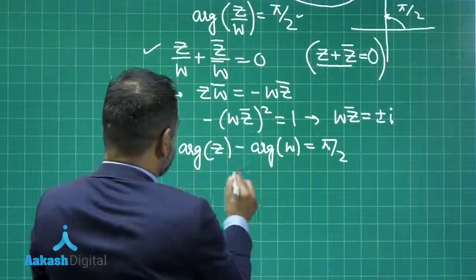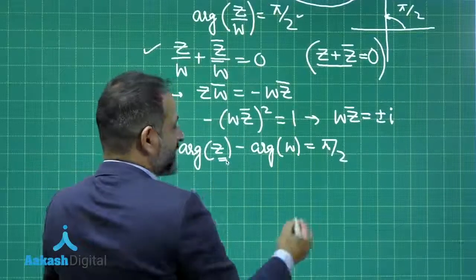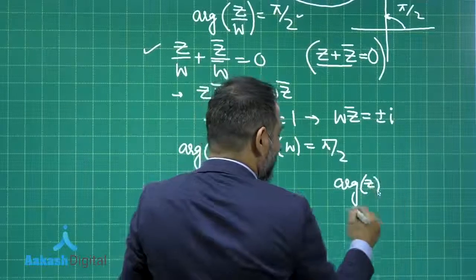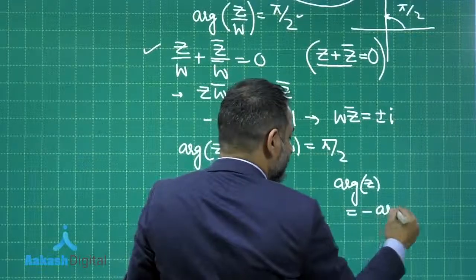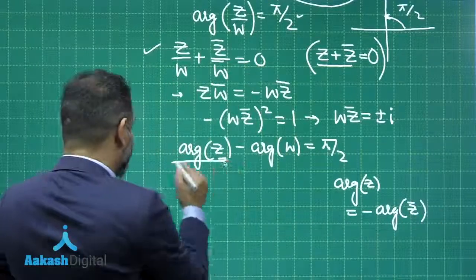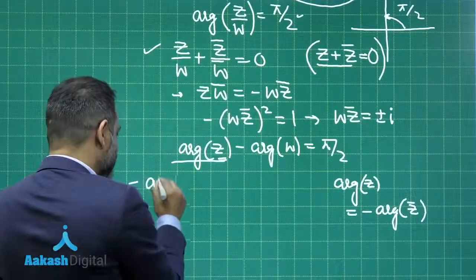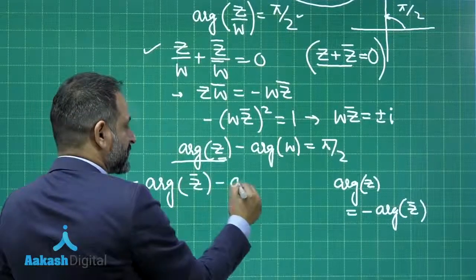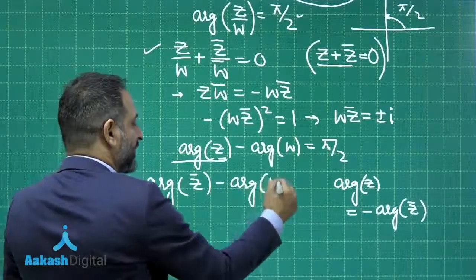Let's see here. You know from here that the argument of z can be written as minus the argument of the conjugate of z. Now applying this property here, let us see what we are having next.